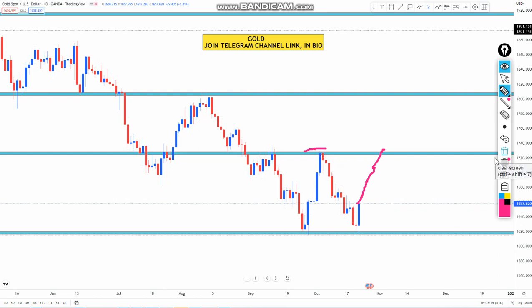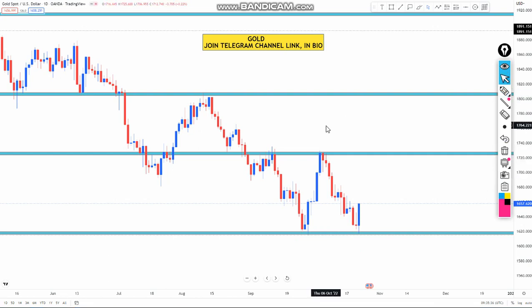We do not know what is going to happen at the mid-range zone unless price tells us something once it gets there. The only thing that we can predict now is this move to the upside, due to this morning star candle confirmation, and also due to the failure of sellers to break this lower low.